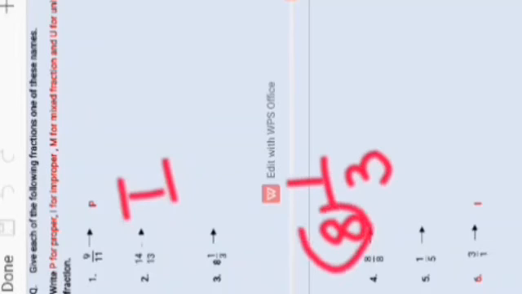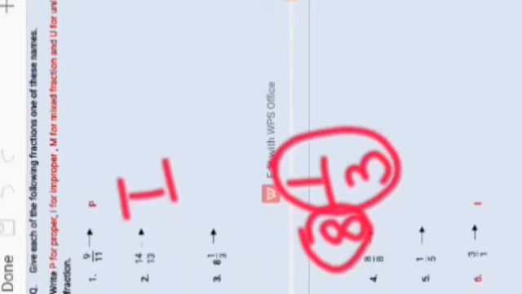Okay. Next, 8, 1 by 3. One whole number and one proper fraction. So the fraction is a combination of these two kinds of number. So what type of fraction is it? Yes, it is a mixed fraction.